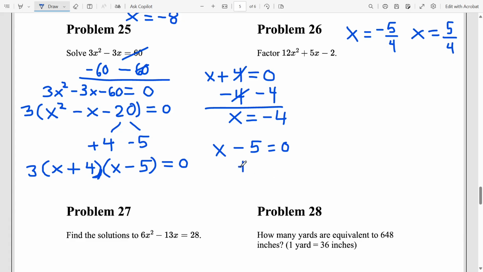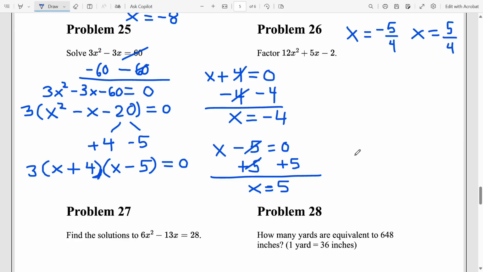So we'd add 5 to both sides. 5 minus 5 is 0, and we get x equals 5. So our two solutions are x equals negative 4 and x equals 5.